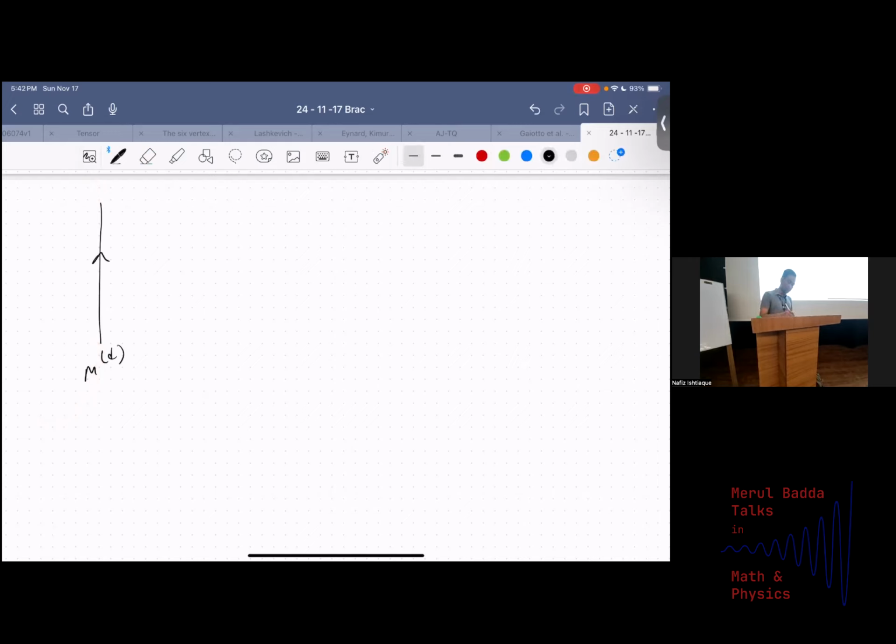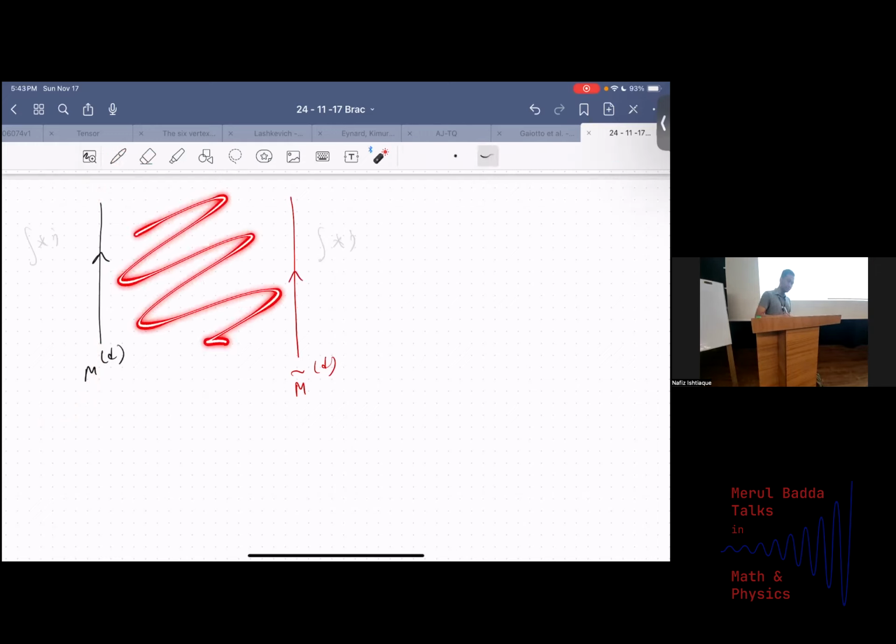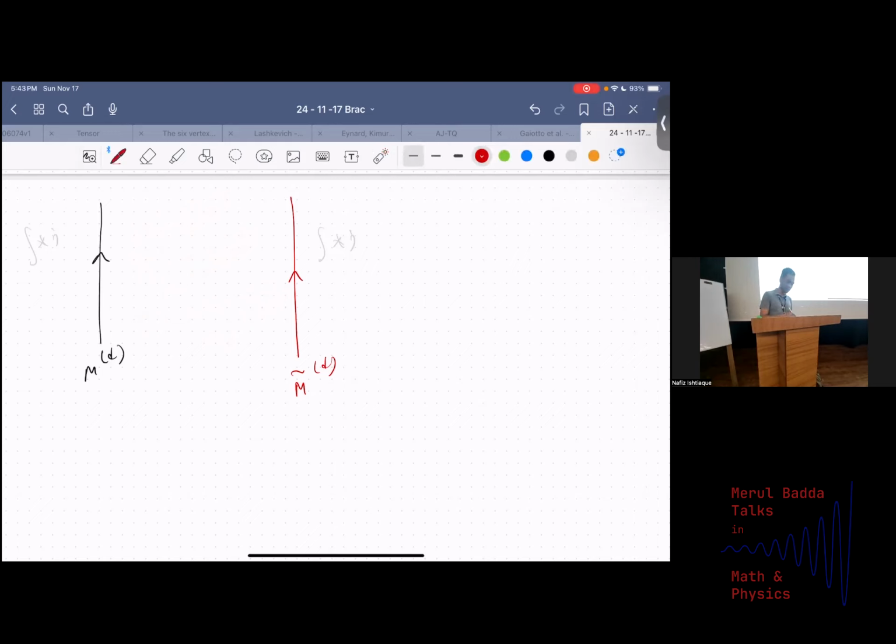And suppose I want to deform this line to another line, M tilde D. And of course, remember that I have integrals of currents over this thing. I have an integral of current here. I have an integral of current here. Fine. If there are no operators in between, I can just do it.